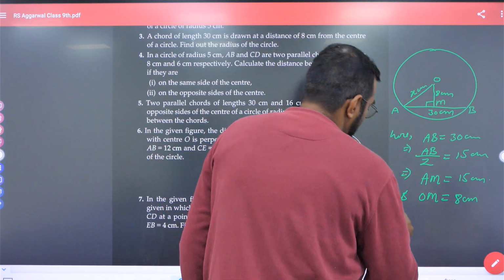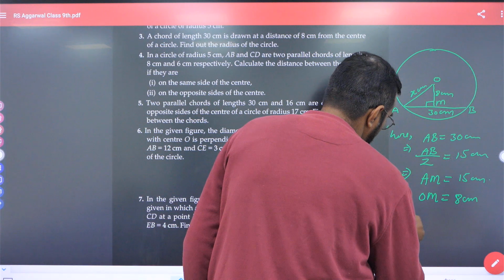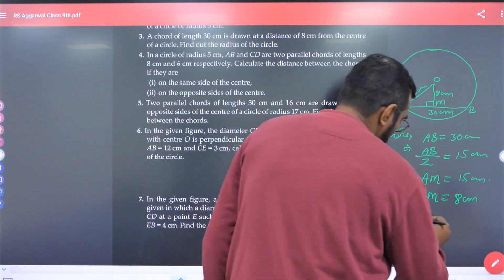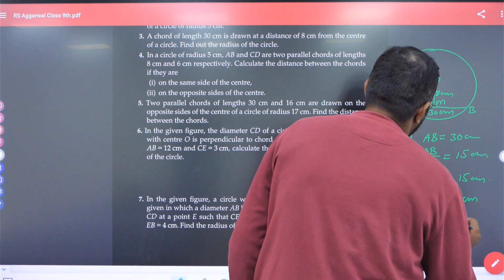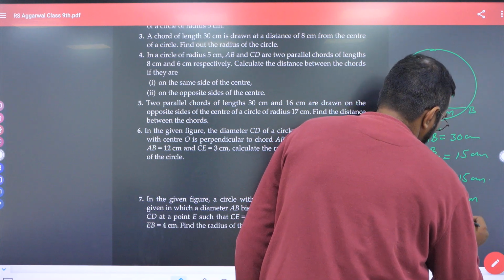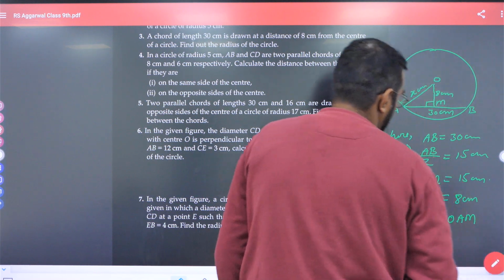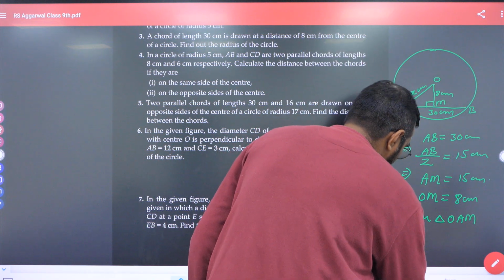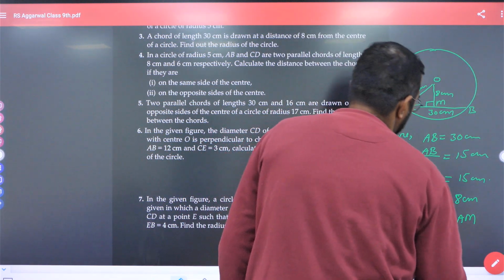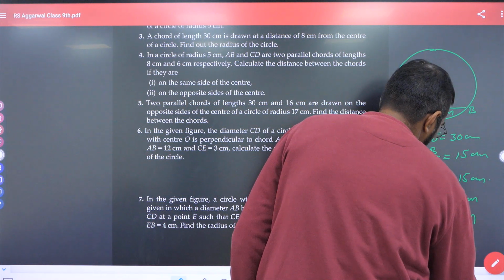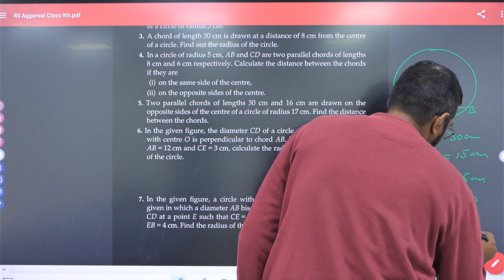Now in triangle OAM, OA square is equals to AM square plus OM square.